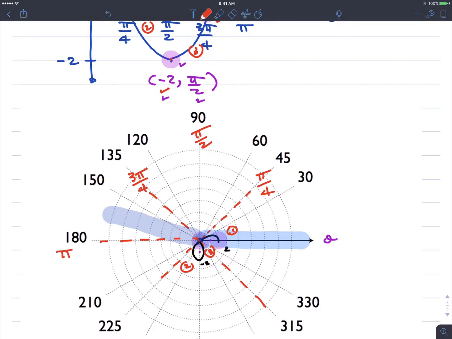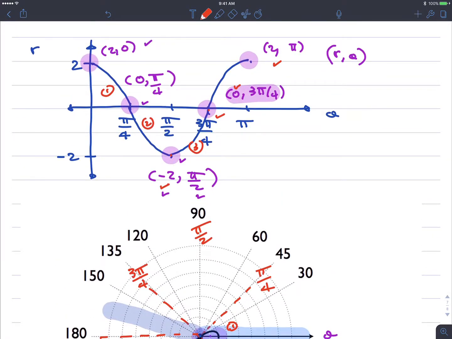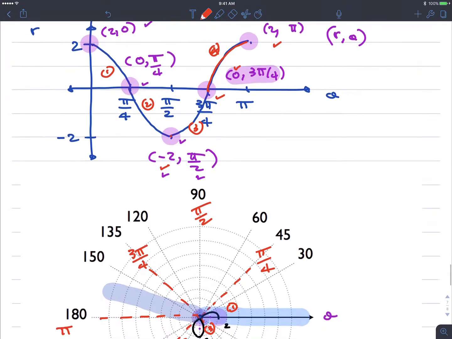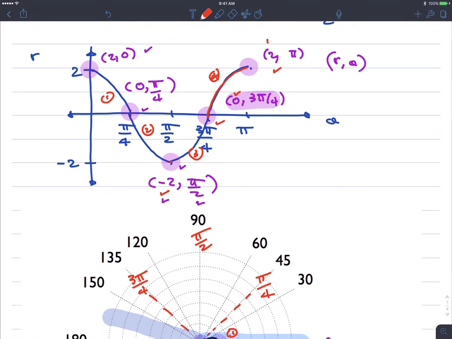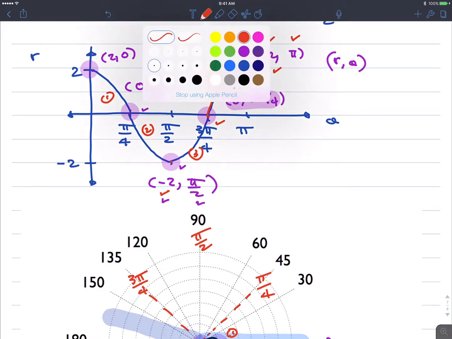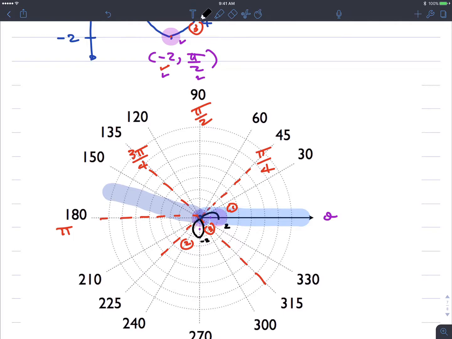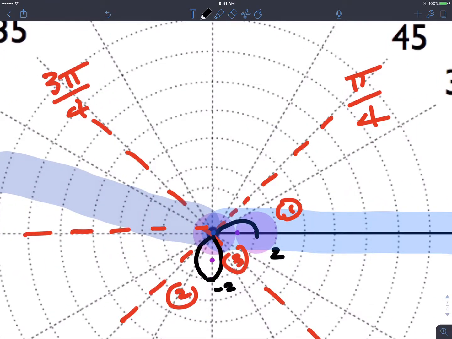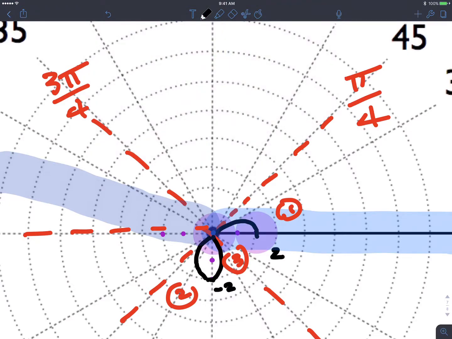This is where pi is. So in this region, 3 pi over 4 to pi, notice here, our curve is what? Positive. So we're on that blue axis. And we're going to end up at a radius of 2 for angle theta being pi. So let's find where this would be: 1, 2. And now my radius goes back to, it's positive.